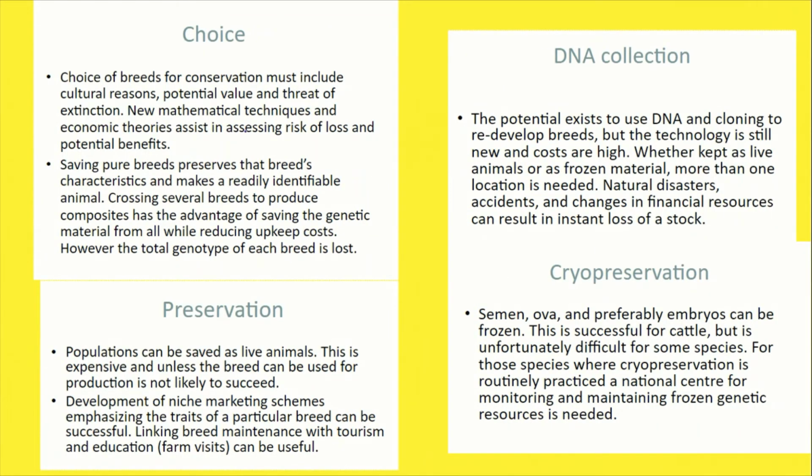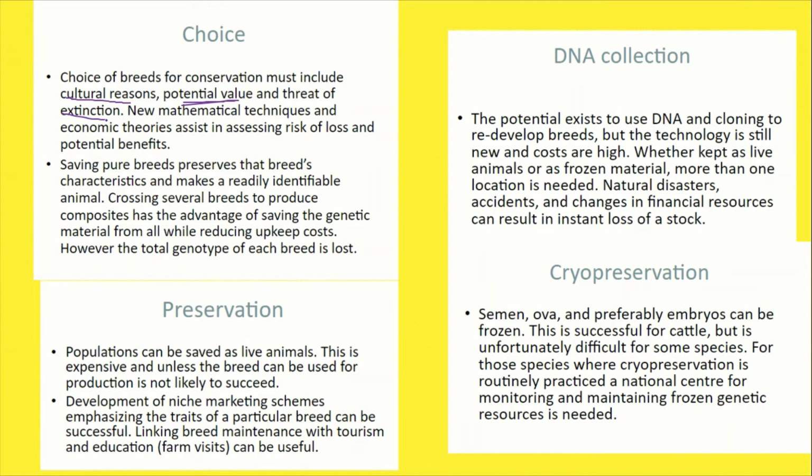Then we have choice of breeds for conservation, which must include cultural reasons, potential value and threat of extinction. Of course, whatever you choose to conserve cannot be literally everything, because there are some organisms or plants that may not need much conservation. So you must also check what the cultural reasons are behind certain organisms.